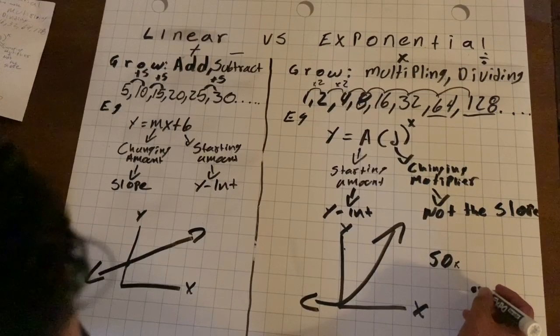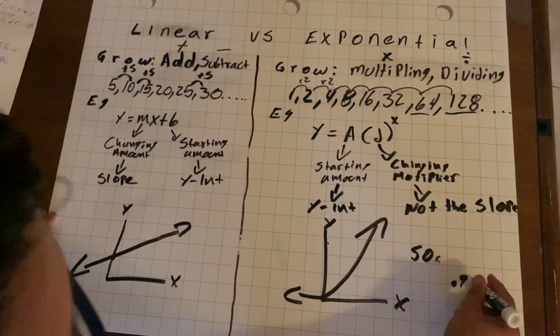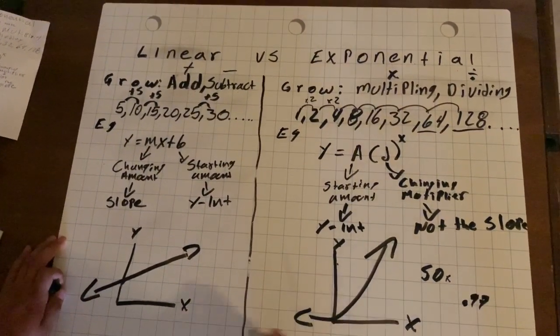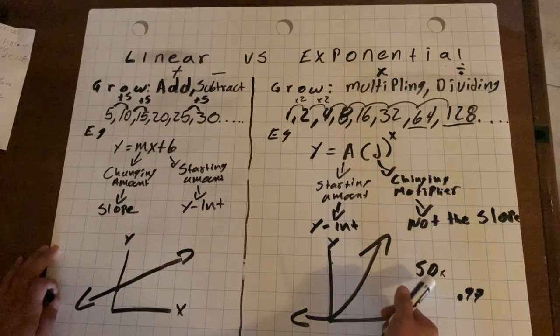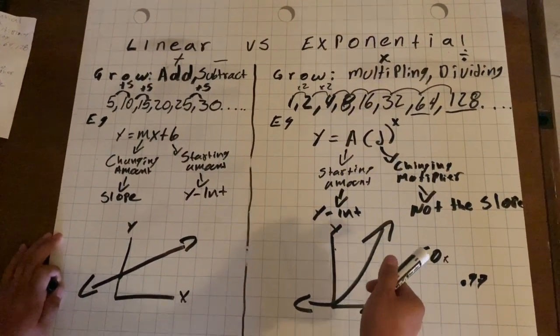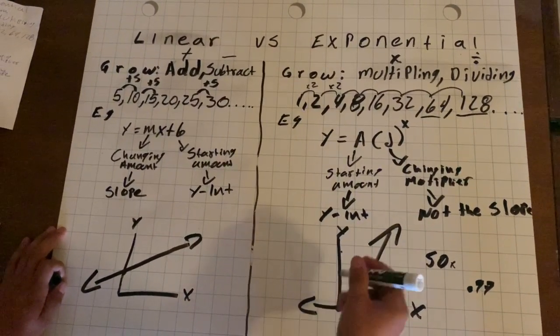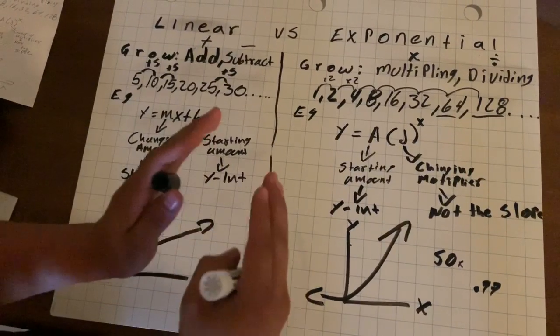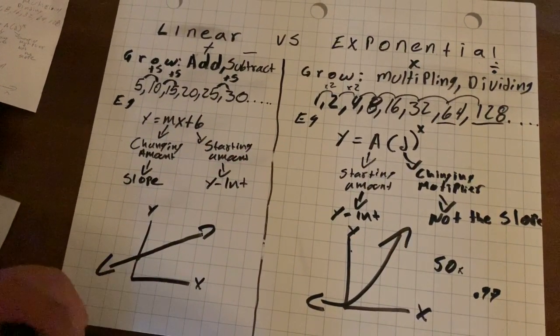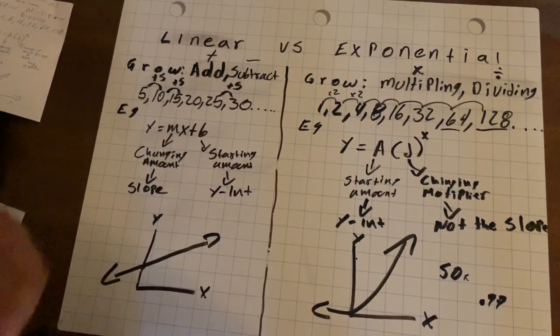Let's say they give you a rate of 0.97, which is pretty good. If you apply that to the years and the amount that you started with, you're given the equation. If you do that with exponential growth, you'll see how much money you'll be saving as time passes.